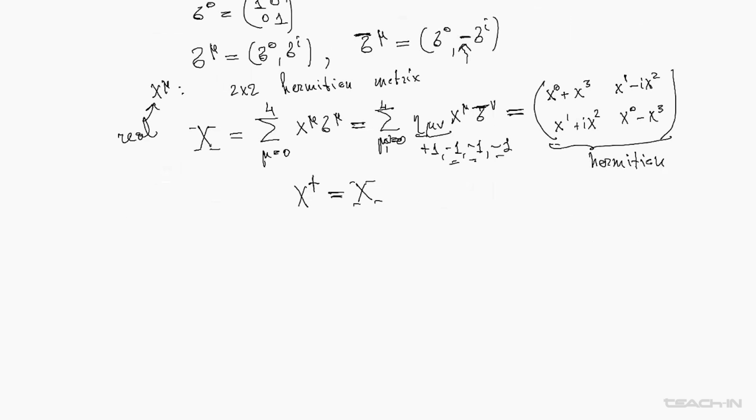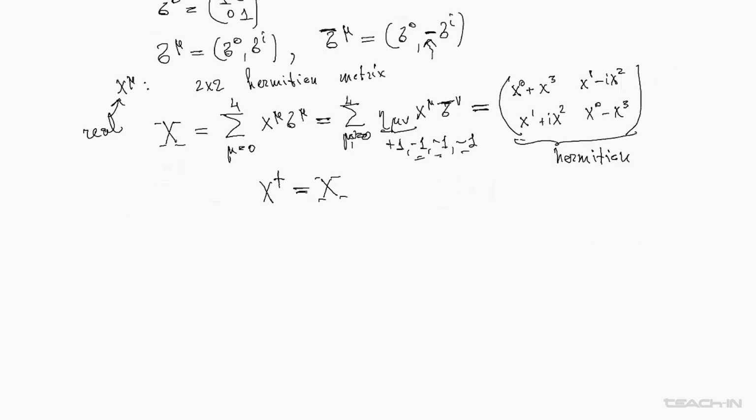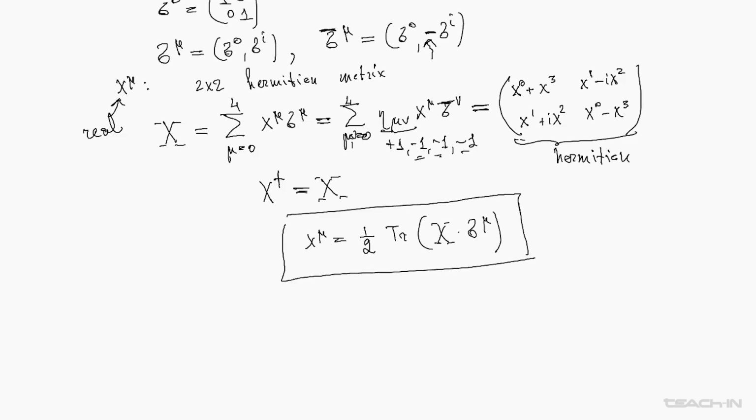Other way around, if you have such a Hermitian matrix, then you can uniquely determine the original components x mu by taking a trace of X with a matrix sigma mu. More precisely, this is 1/2 trace of X capital multiplied with sigma mu. This is how the formula looks, and you can easily verify that computing such a trace, you will return back to the original coordinates x mu.